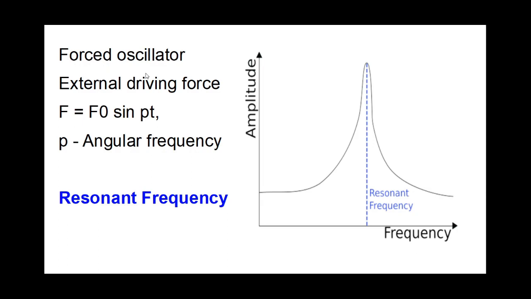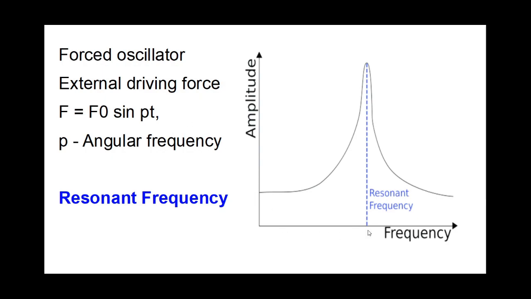So, when we consider the forced oscillator, we consider that an external driving force F equal to F0 sin Pt is applied, where P is the angular frequency of the external driving force, which is oscillatory in nature.